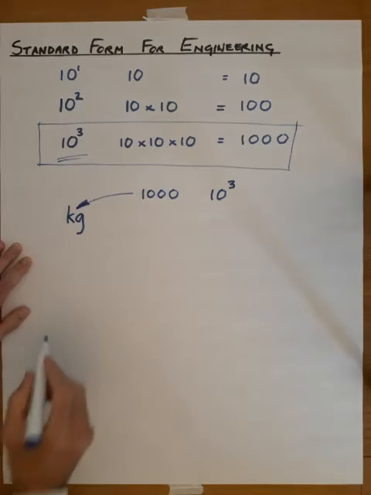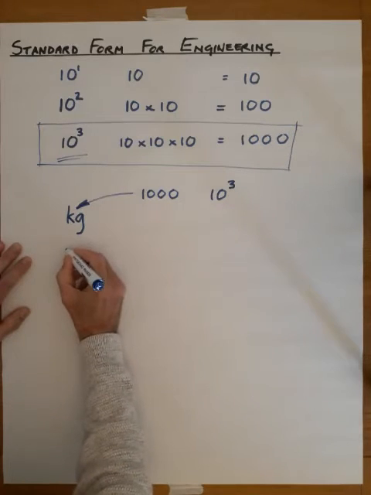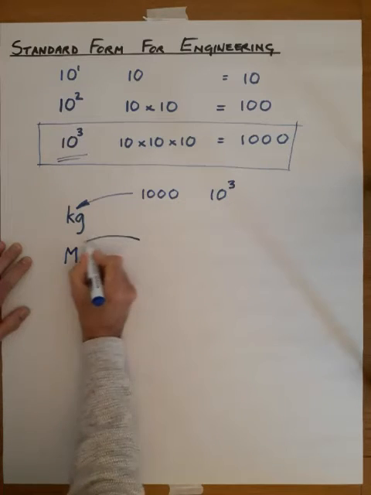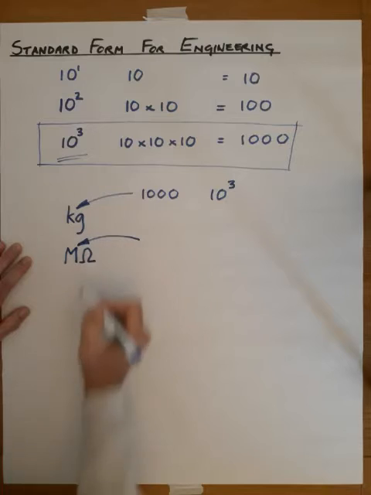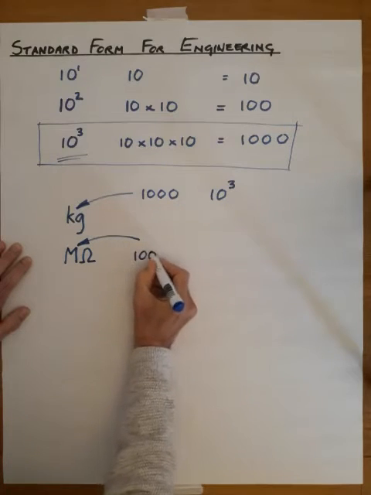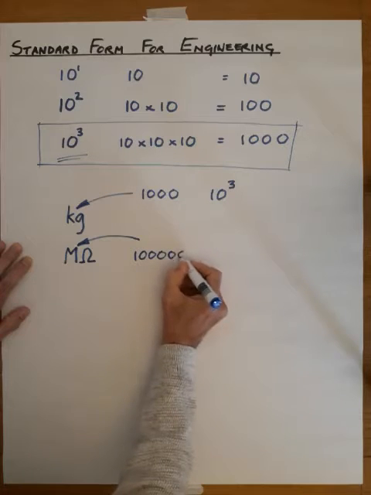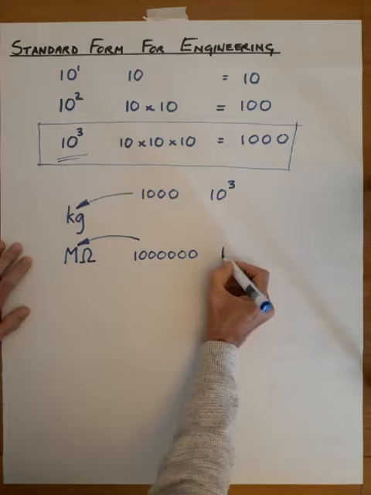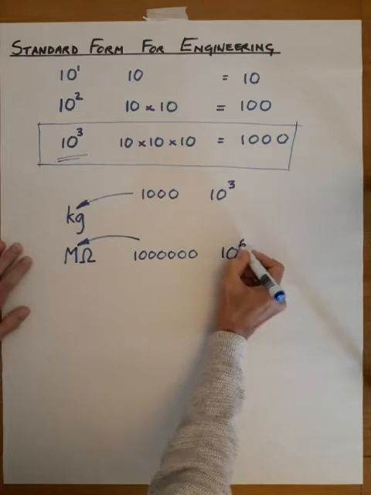In your electrical career, you may use resistance in megohms. So this letter M, the capital M, is a million. So that is 10 to the 6.